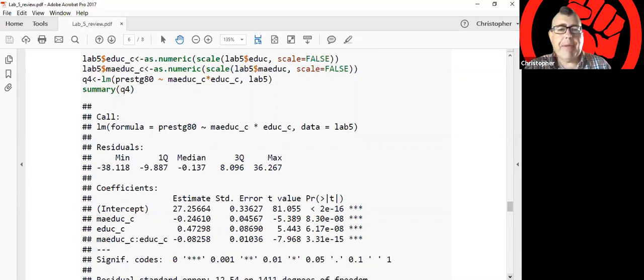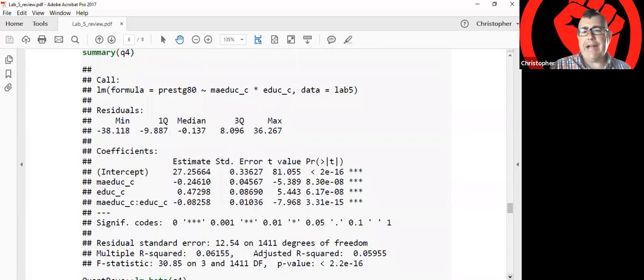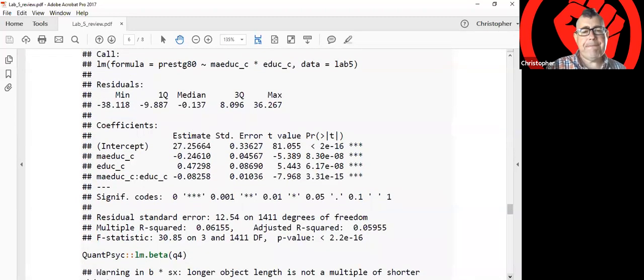We can see mother's education is significant. However, it's got a negative slope, indicating that there's a negative relationship between mother's education and occupational prestige. We can see there's a positive slope for education, suggesting more education, more occupational prestige, and then there's an interaction, which is really what we're here for.